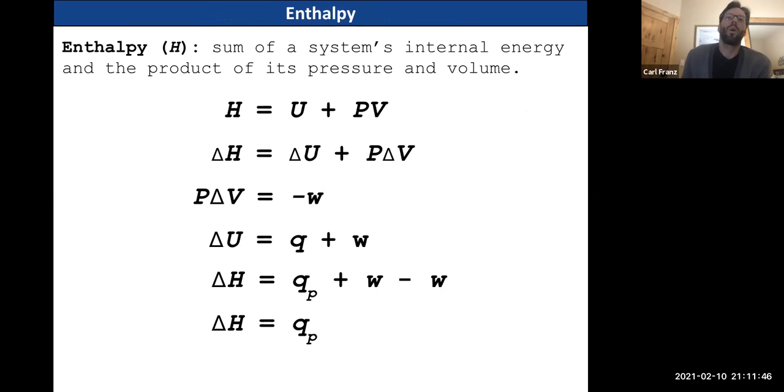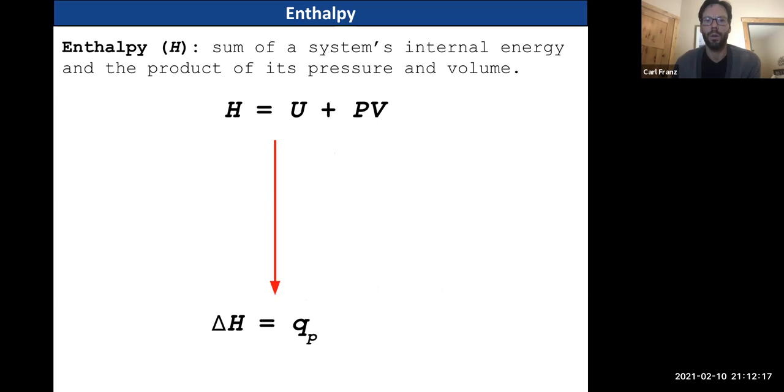And so what is enthalpy? That's the sum of the system's internal energy and the product of the pressure and volume. So we say that enthalpy H is equal to the internal energy, U, plus pressure, P, times volume, V. And you don't really need to know this derivative here.